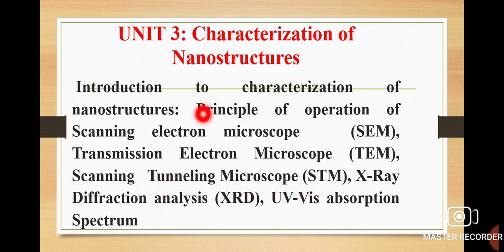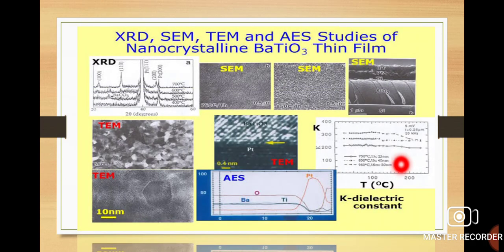These are different techniques that we are going to study in unit 3. Let us take only one example for understanding purpose. Here we have XRD, SEM, TEM and absorption spectra, the short forms of techniques that we just discussed, of a crystalline BaTiO3 thin film. So this is a thin film, that is BaTiO3.